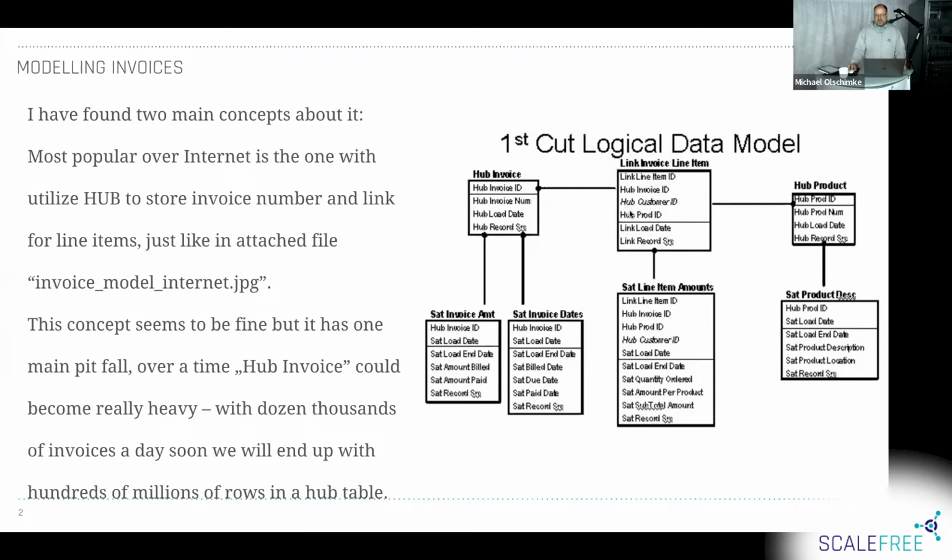So this gives me a unique alternate key for the link, and I can calculate a hash key from it that's unique per link entry. So modeling wise, everything looks good. Then there is some satellite attached to it that has the amounts for the line items, essentially, right? So modeling wise, for me, nice, looks good.